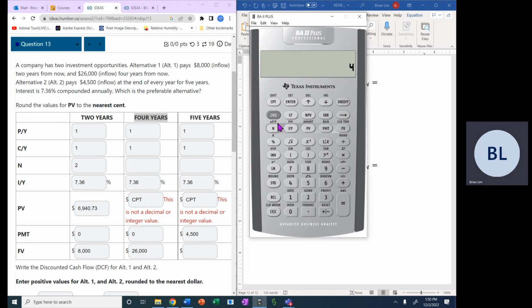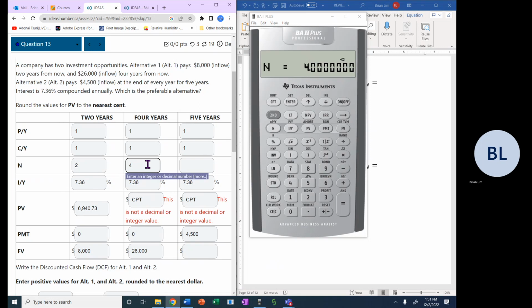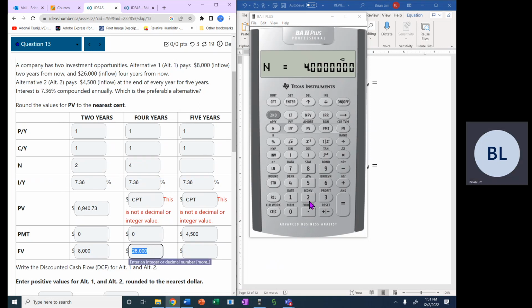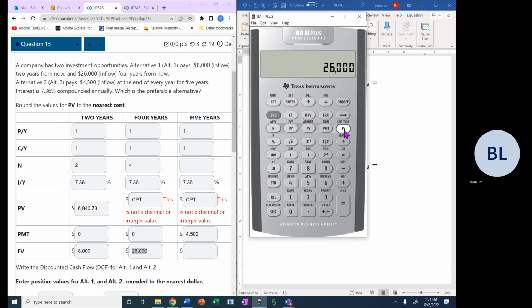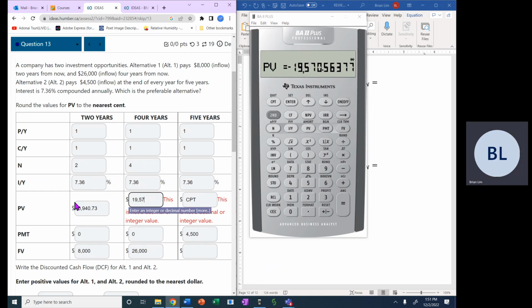So we go 4 second N is now 4. Now we go down and change the future value to 26,000. That's the future value, and we can compute the present value, and we get 19,570.56. Okay, we round to 2 decimal places. So we have those two numbers done.